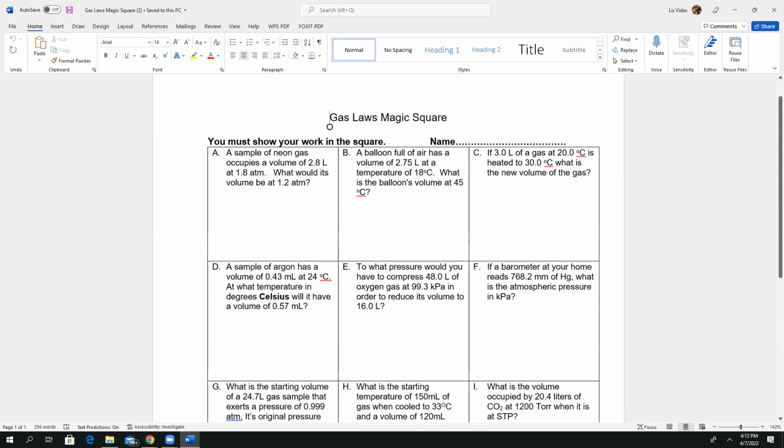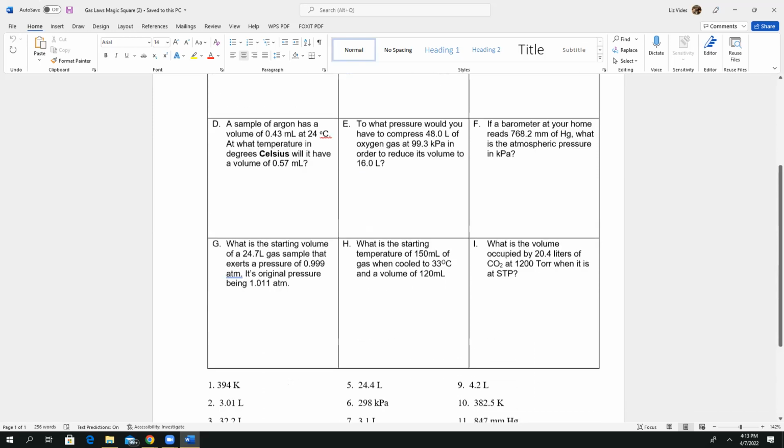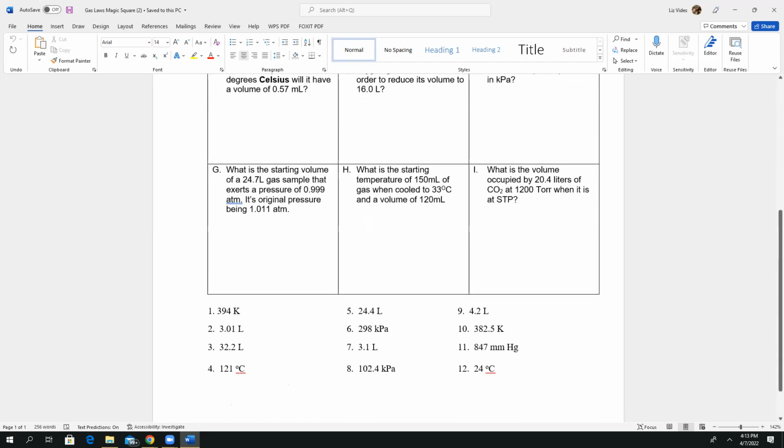We're doing good. How's your problems coming along? How many have you done? Any at all? You might want to take a picture of the bottom area so that you can fill in your magic square.